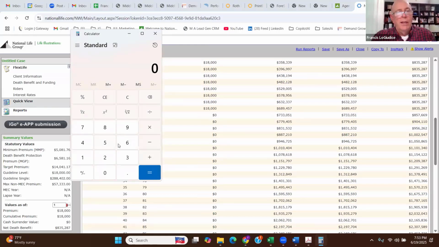So this is a 6. We're going to use 72 divided by 6.45 because that's what this is illustrated on. So in 11.16 years we should double.